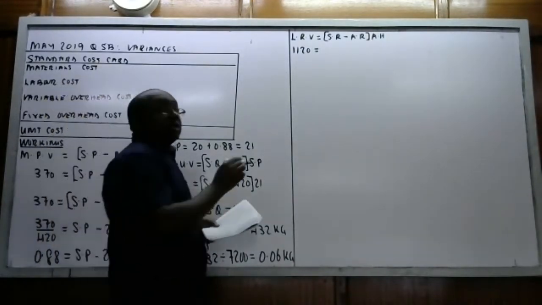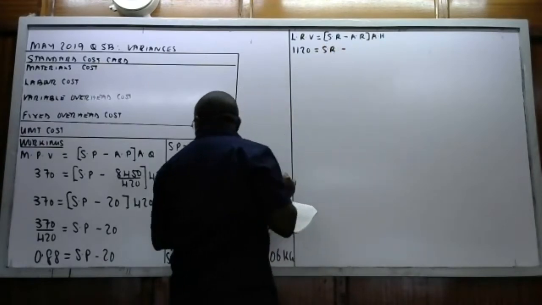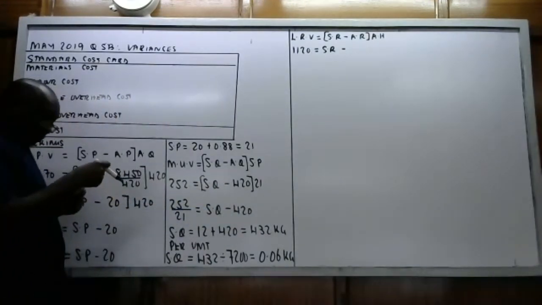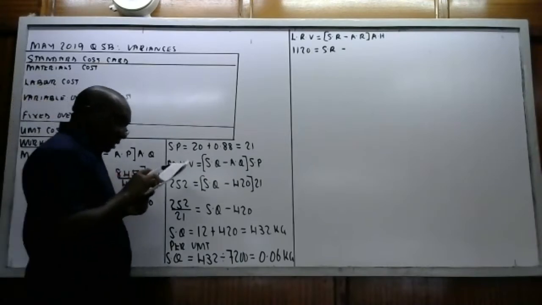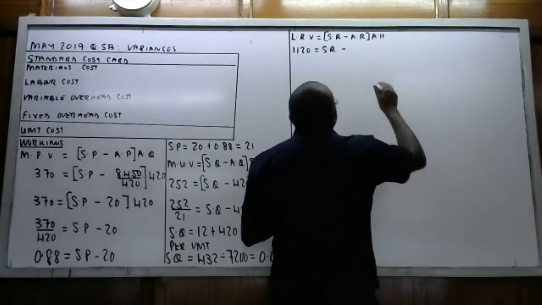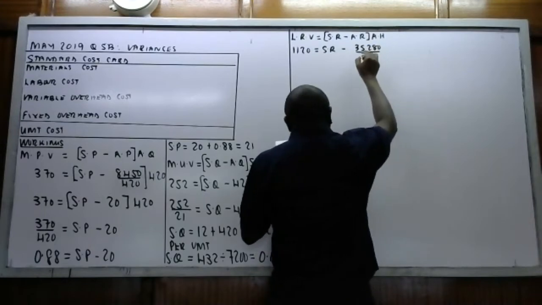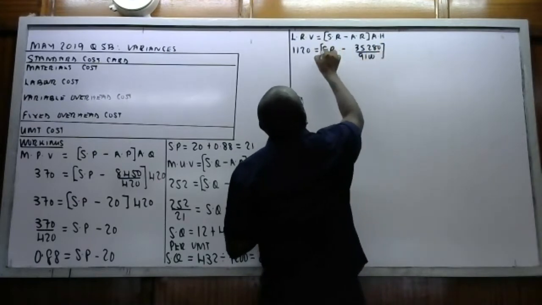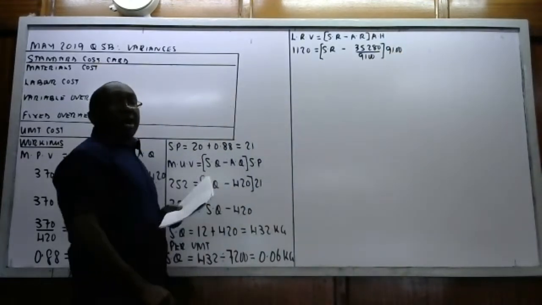Standard rate, we do not know. But we know the actual rate per hour, and the cost, 35,280. You divide by the number of hours. That will tell you one hour equating to how much.